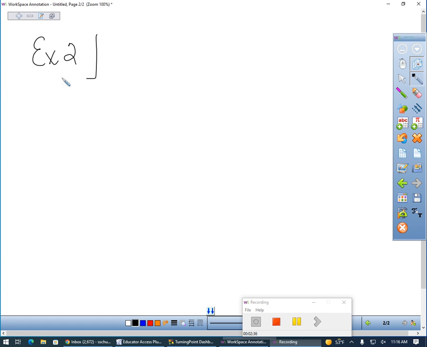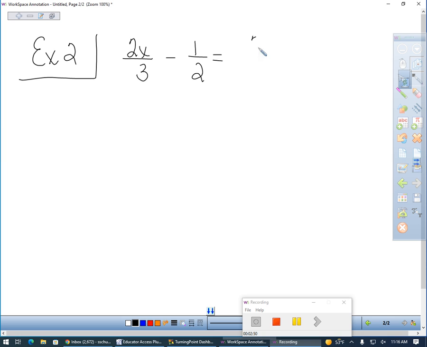For example number 2, let's say we have 2x over 3 minus 1/2 equals 2x plus 5 over 6. Again, the first thing we need to do is ask, is there any place to factor?